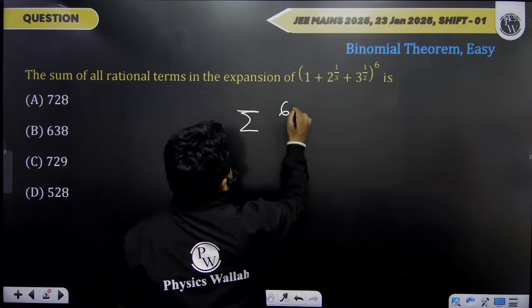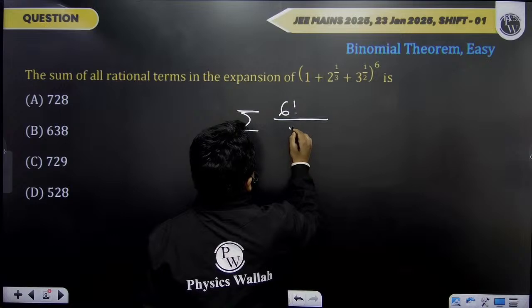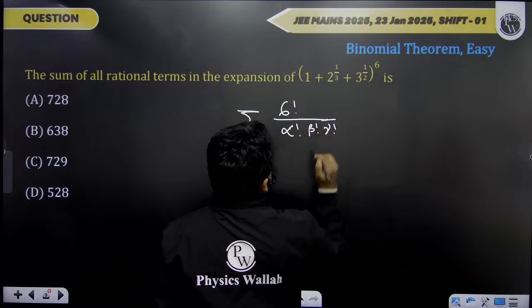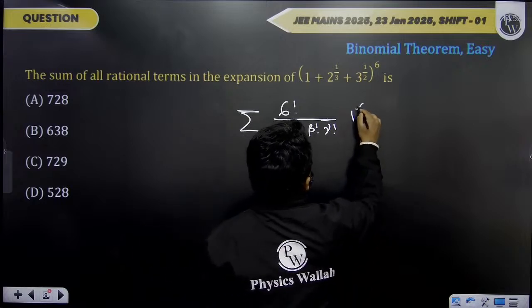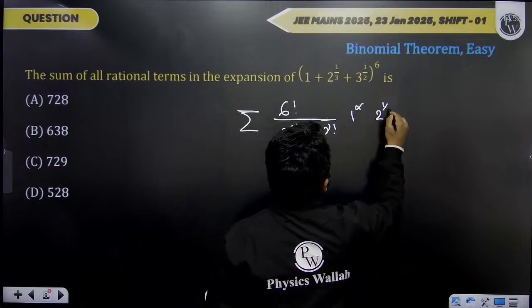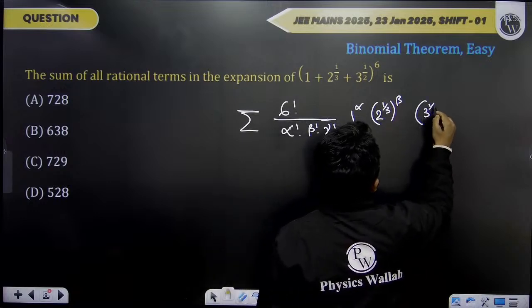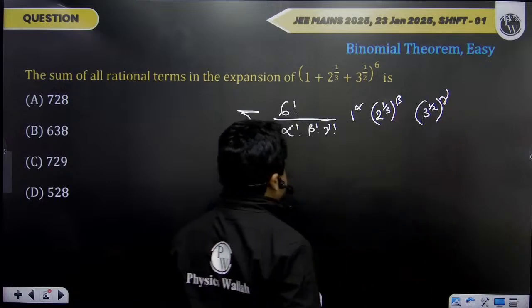Summation of 6 factorial by, let's say this is alpha factorial, beta factorial, gamma factorial, then 1 power alpha, 2 power 1 by 3 into beta, into 3 power 1 by 2 into gamma, right?